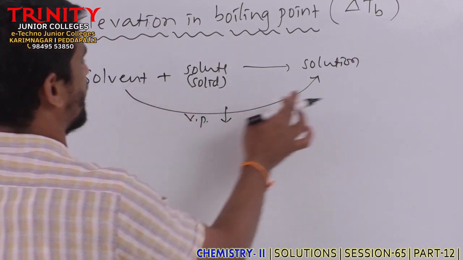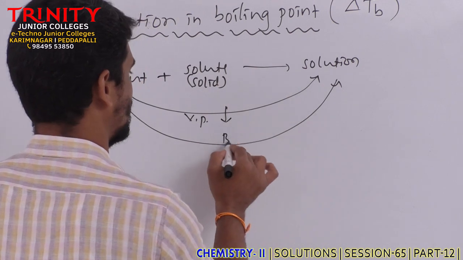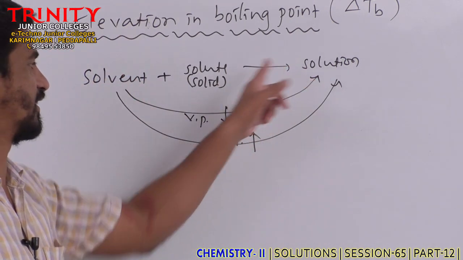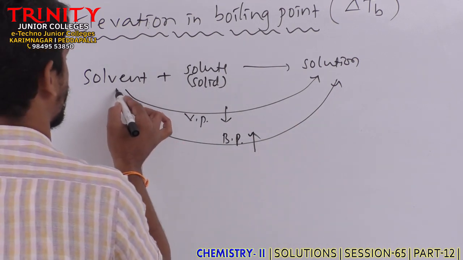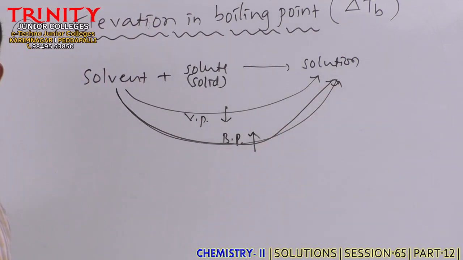So from solvent to solution, what happens to the boiling point? It increases. When vapor pressure decreases, boiling point increases. The increase in boiling point from solvent to solution is called elevation in boiling point.